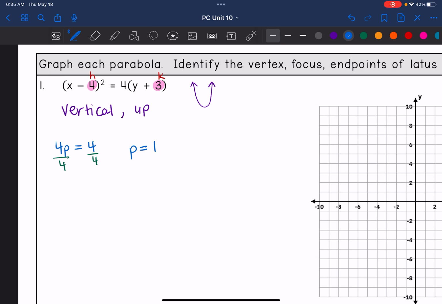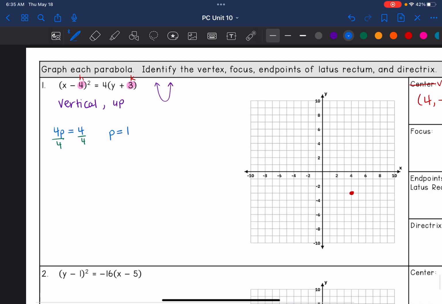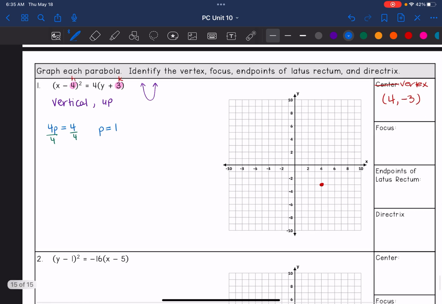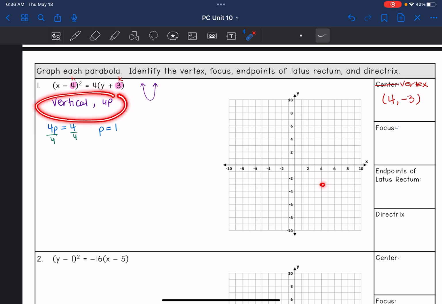Okay, so what that means for us is that our focus is going to be 1 away from this vertex here. We know that it's vertical and that it's going up, so our focus needs to go 1 up. Okay, so that's our focus. It ended up landing at (4, -2).